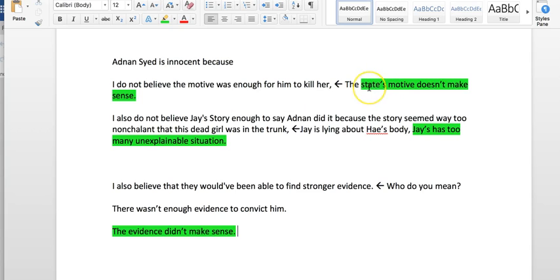So this could even be more specific, that using religion as a motive doesn't make sense in this case, right? And so that tells me that you've done maybe some research on Muslims and the Muslim religion, and how this doesn't go with the Muslim religion. So see how that works?